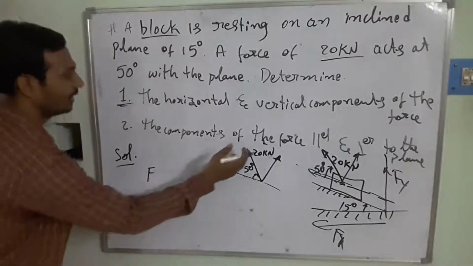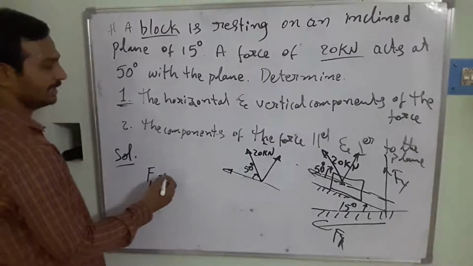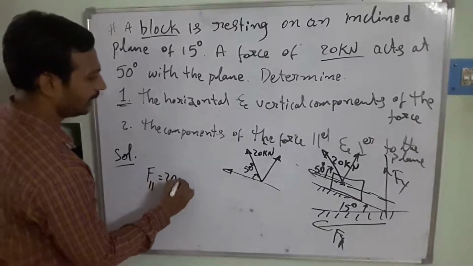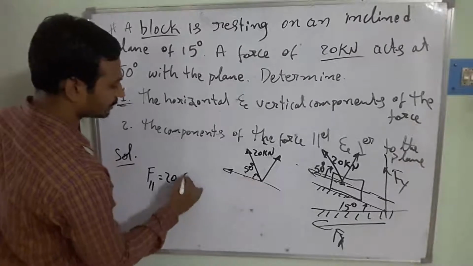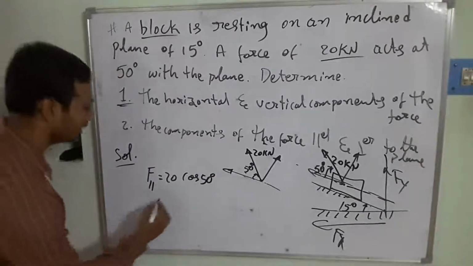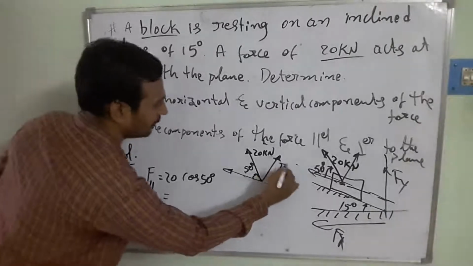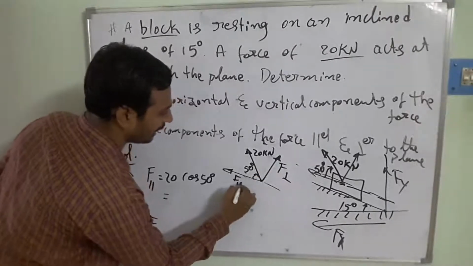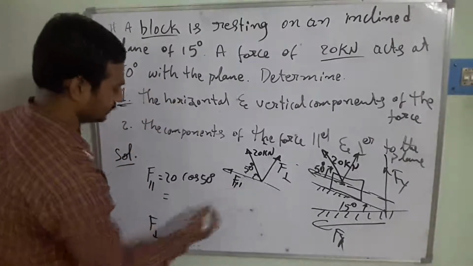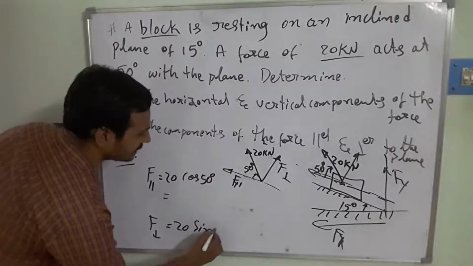So F parallel, parallel to the inclined plane, is equal to 20 into, what is this component? That's going to be cos 50 degrees we will get. And similarly, the force perpendicular to this plane, F perpendicular, is equal to 20 into sin 50 degrees.